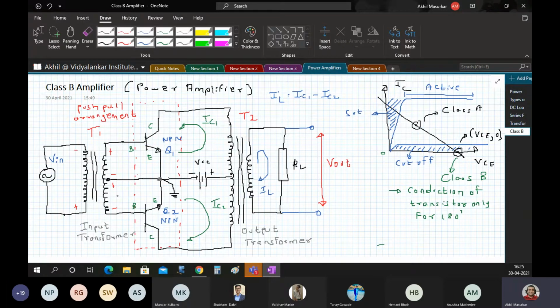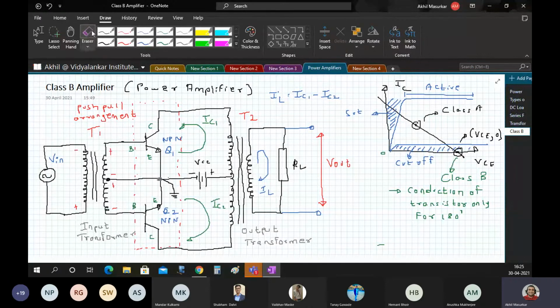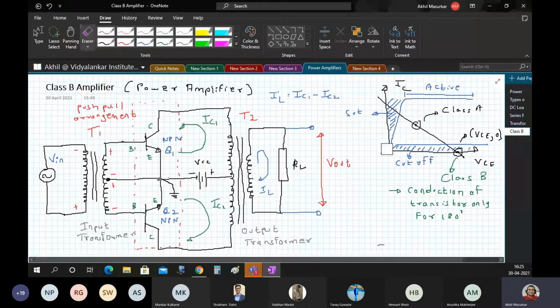So you can very clearly see that VBE, that base and emitter are actually connected to each other, and DC wise this coil will offer a zero resistance, so as such base and emitter are connected to each other. Now let us go little bit below and draw the graph for this.